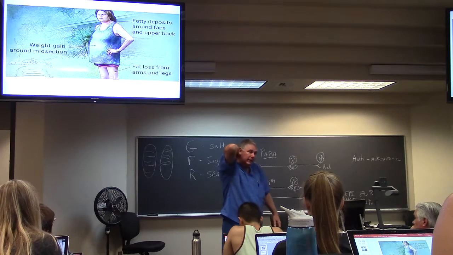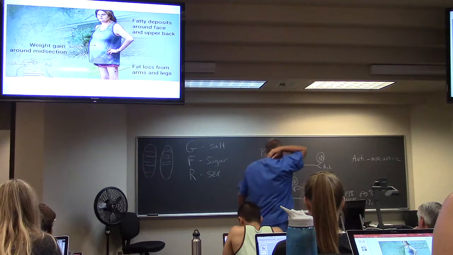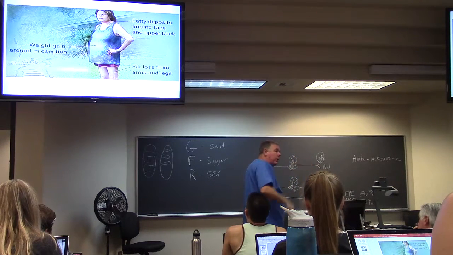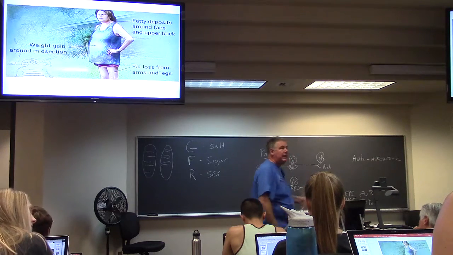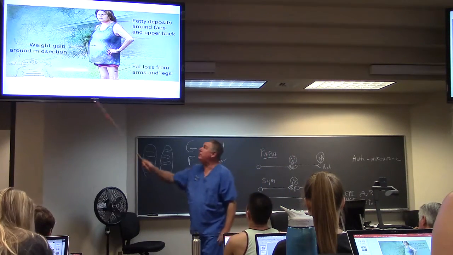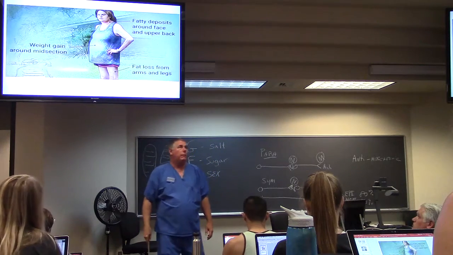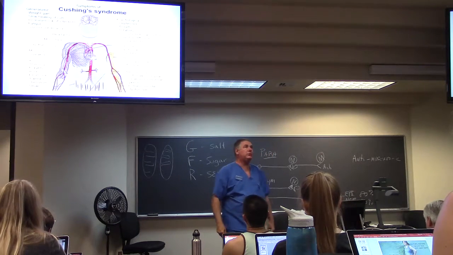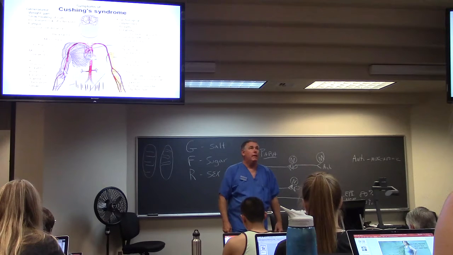They have an excess deposition of lipids right here at their vertebral prominence, so it looks like a buffalo hump. And they have central obesity, with little thin arms and legs. Very, very characteristic. And this summarizes all of that stuff here.